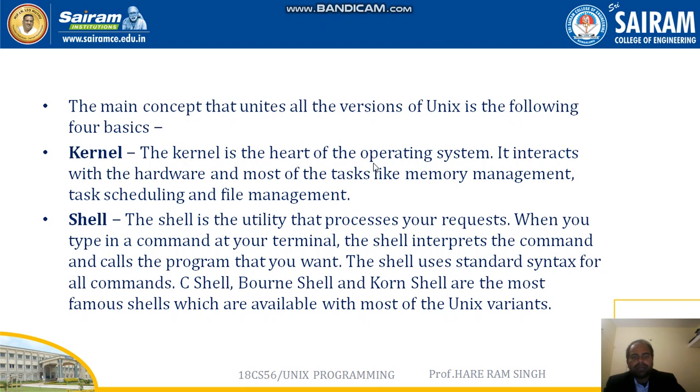The kernel is the heart of the operating system, and it interacts with the hardware and most of the tasks like memory management, task scheduling, and file management. It is the kernel which is responsible for taking care of memory management, task scheduling, and file management in the Unix operating system. It interacts with all the hardware and does all the management in the operating system.